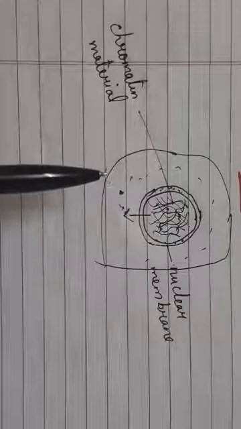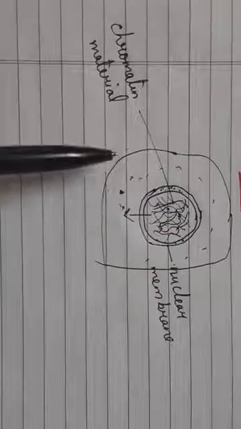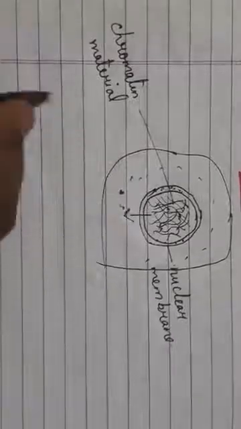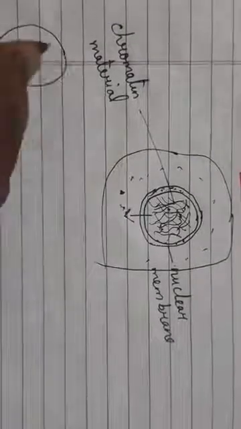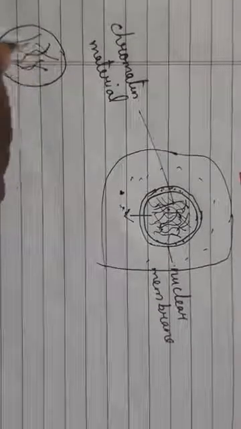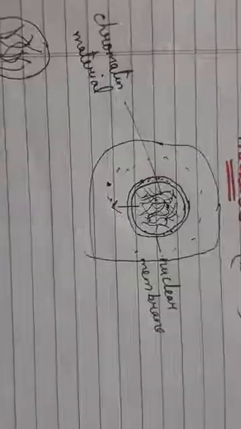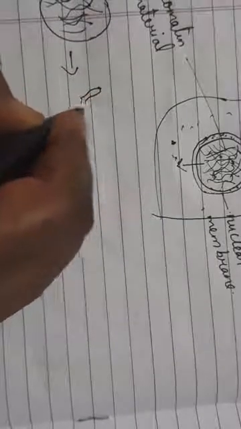So when the cell is about to divide, this chromatin material, which is like this entangled mass, starts organizing itself to form a structure somewhat like this, about which you have already heard of previously in other classes.